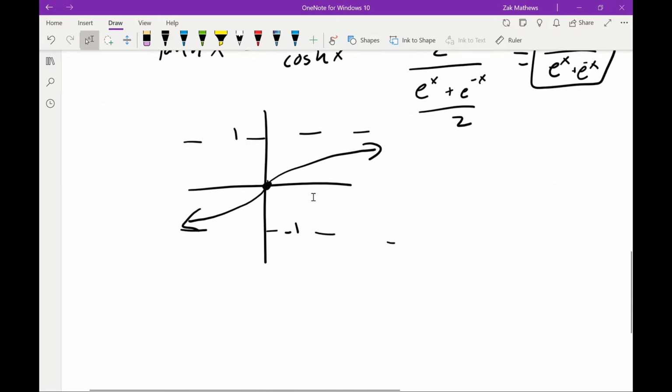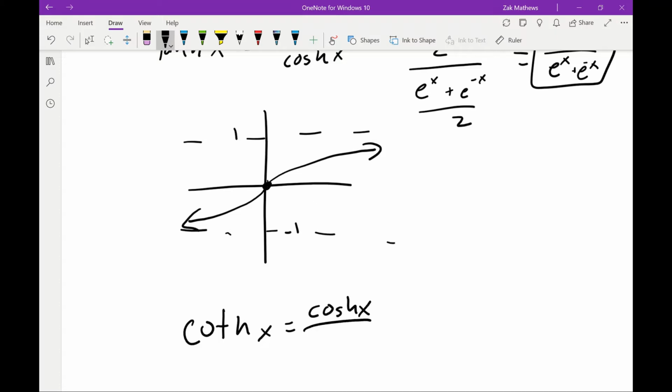We could do this for all of the trig functions. The hyperbolic cotangent function, or the coth, or you might hear coch from some people, but I say coth, would be the cosh over the sinh.